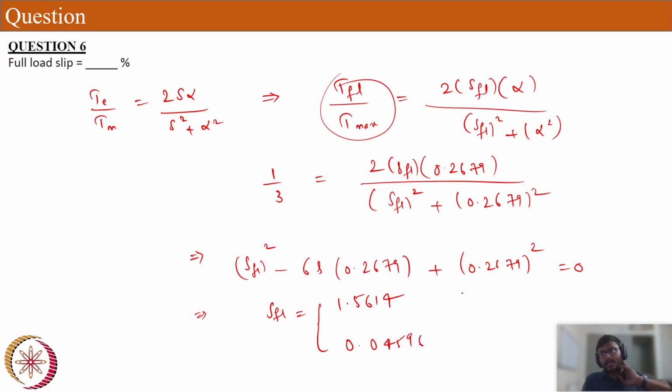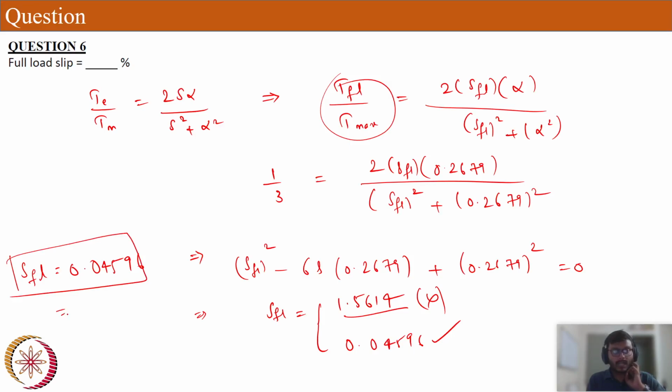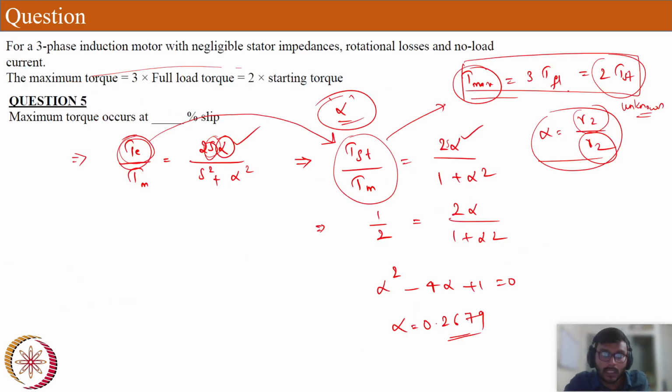Obviously slip can't be greater than 1, so this is not possible, and my full load slip is equal to 0.04596. If it is in percentage, it will be 4.596 percent.